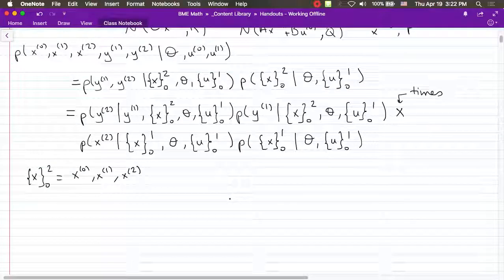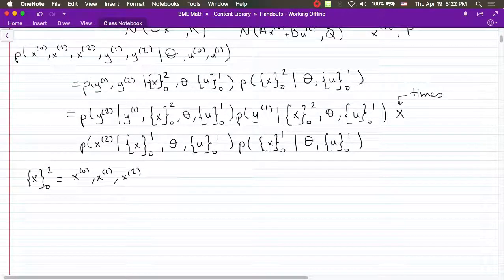Okay, so when we look at this equation, p of y2 given y1, x, and so forth, well, p of y2 only depends on x2. It doesn't depend on y1 and all these other x's. P of y1 only depends on x1. P of x2 only depends on x1, and so forth. So this last term we can split as well.